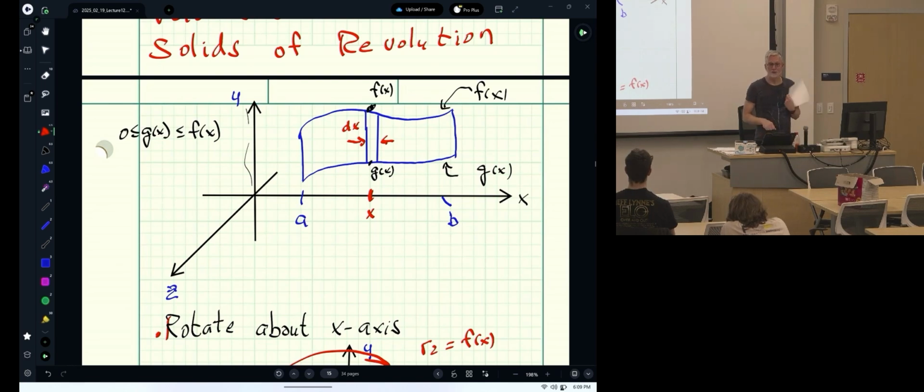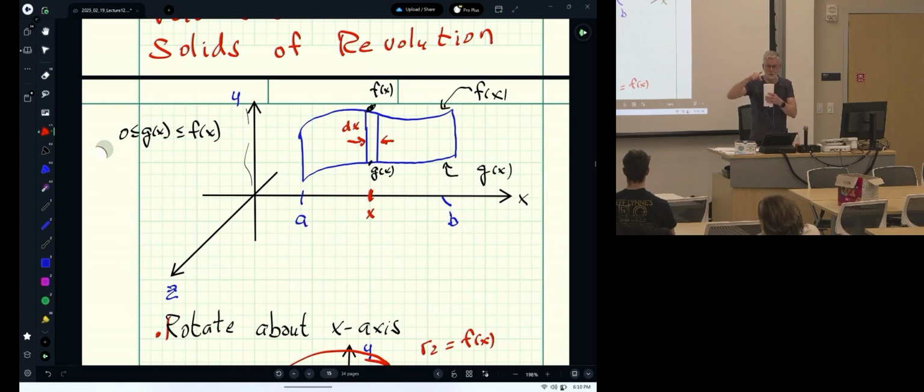That's f of x minus g of x. So the area swept out by this little rectangle around the y-axis is the area of the cylinder, 2 pi x times f minus g.